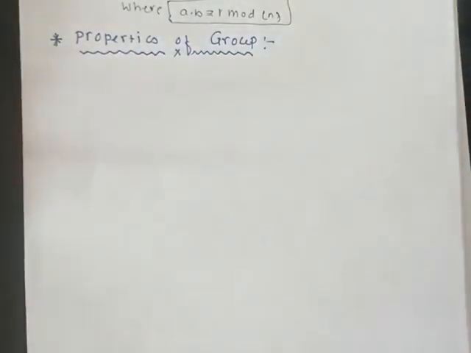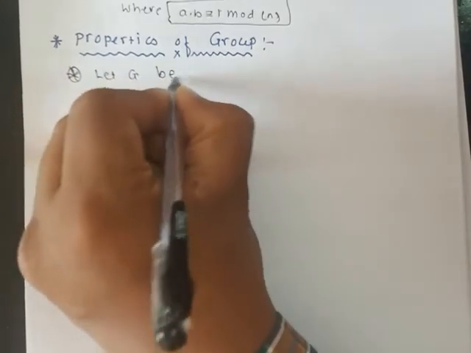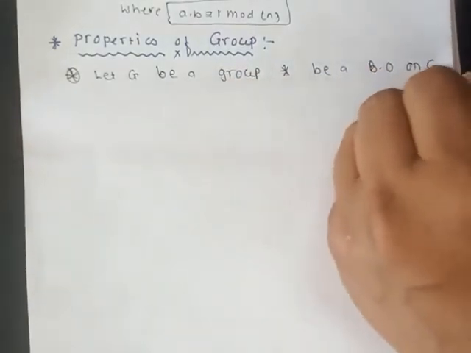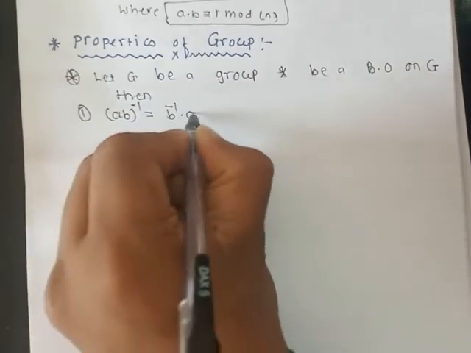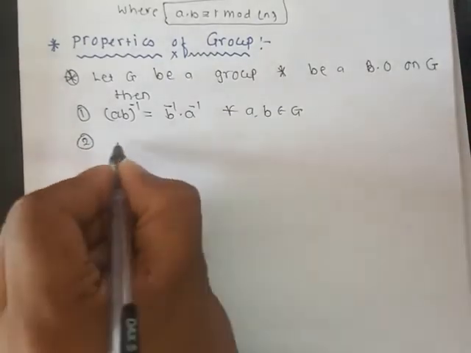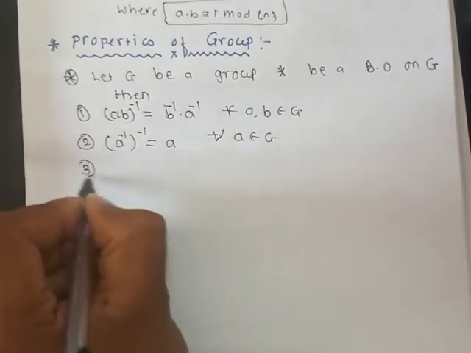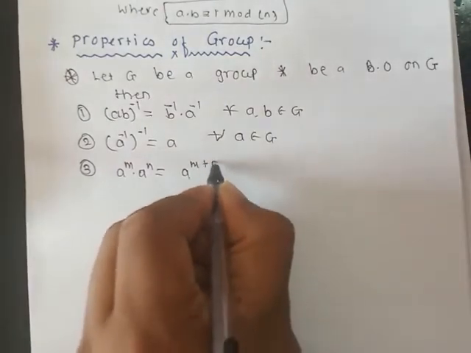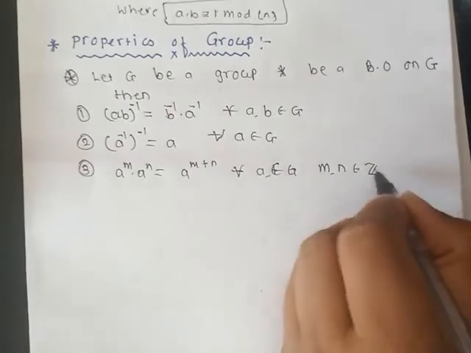So first one, let G be a group and star be a binary operation on G. Then first one is (AB) inverse is equal to B inverse into A inverse for all A, B belongs to G. Second, (A inverse) inverse is equal to A for all A belongs to G. Third one, A to the power m into A to the power n is equal to A to the power m plus n for all A belongs to G and m and n are the integers.